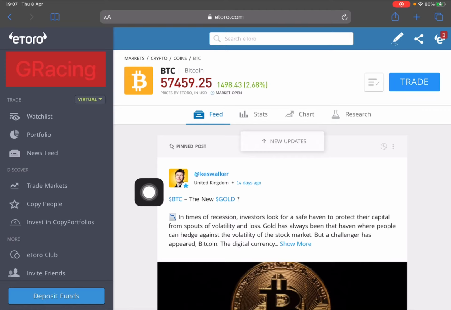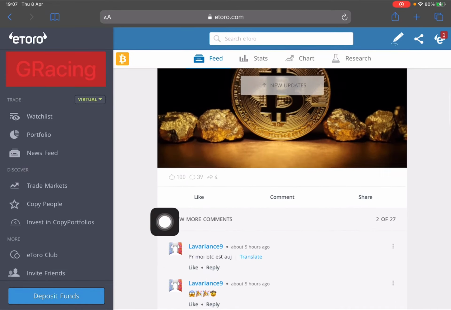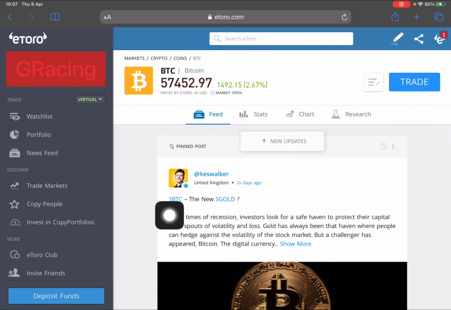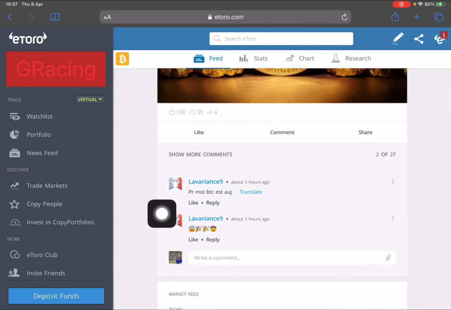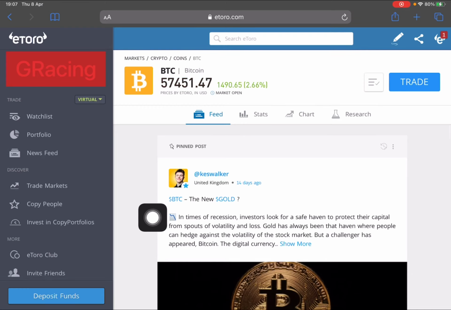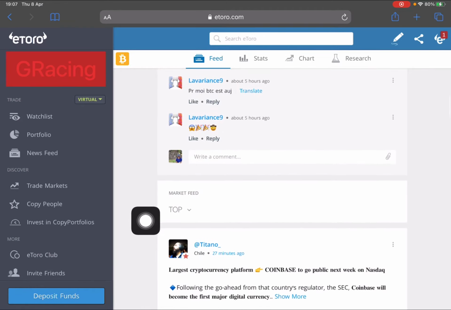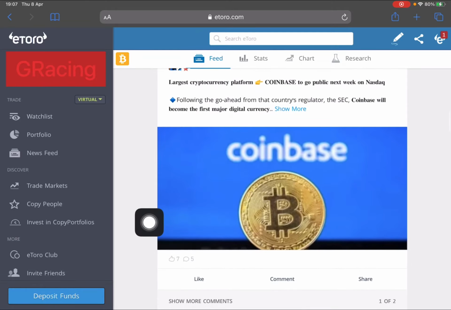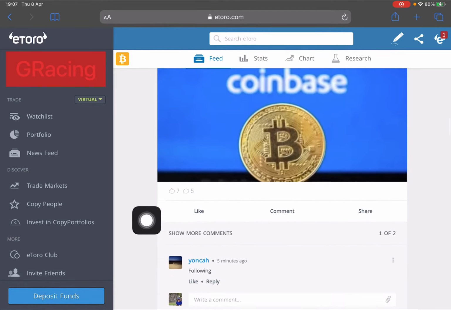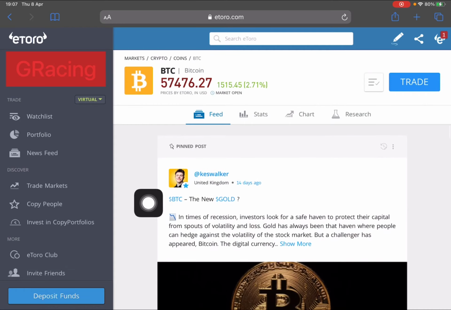Feed, like most traders, they post here. It's like Facebook, like social media, guys. You can also post something here. People or traders always post here what's going on in their portfolio, their gains, the gossip about the stocks, the latest news, something like that. So that's the feed. Stats, chart, research.